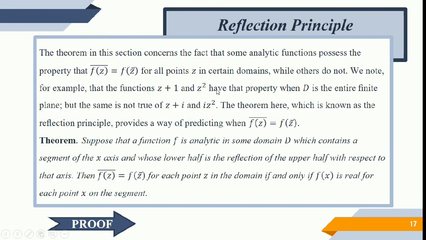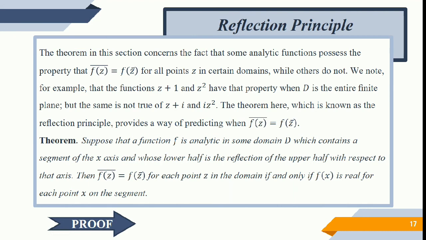The next is the reflection principle. The theorem in this section concerns the fact that some analytic functions possess the property that f(z bar) equals f(z) bar for all points z in certain domains, while others do not.